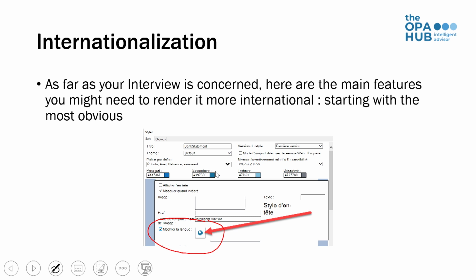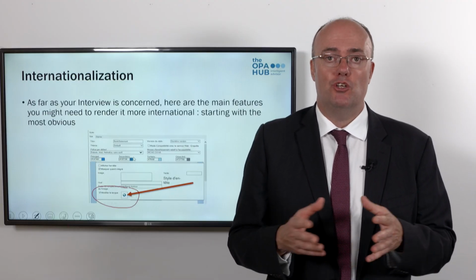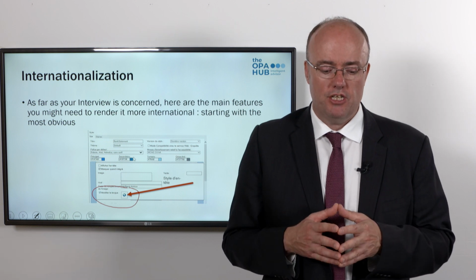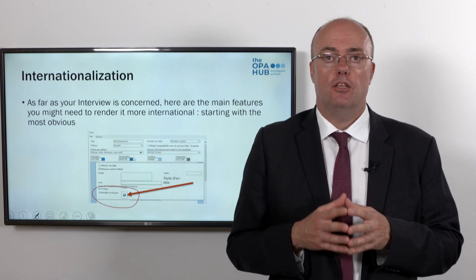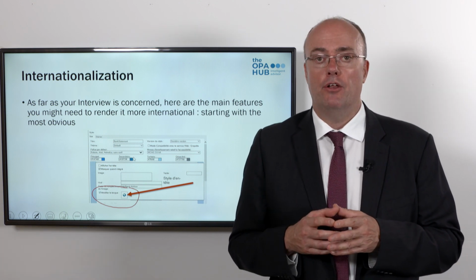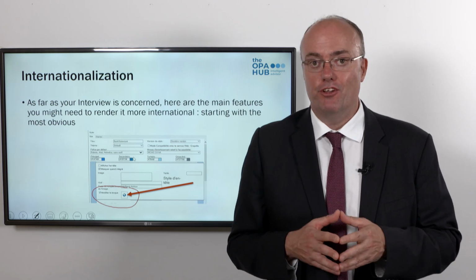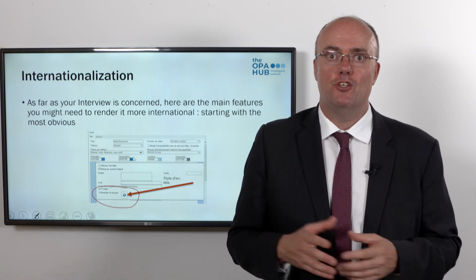If you don't, the user won't know how to switch between the languages that you're offering. If you switch this option on, the user will see a globe icon, and they can click on the icon and choose one of your prepared languages. So the first thing you want to do is make sure the end user knows that you have multiple languages.